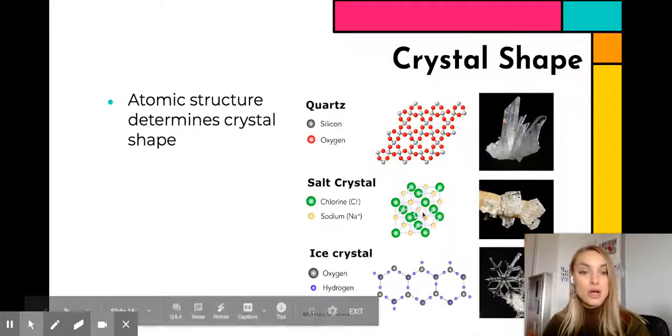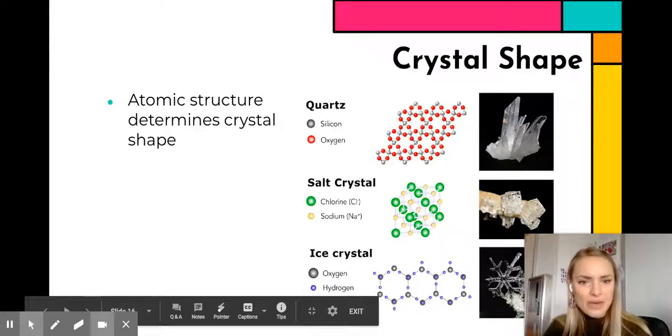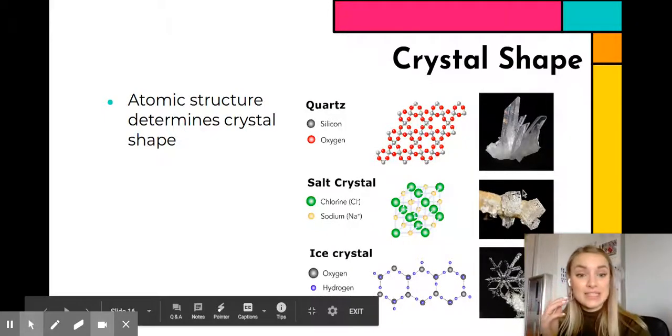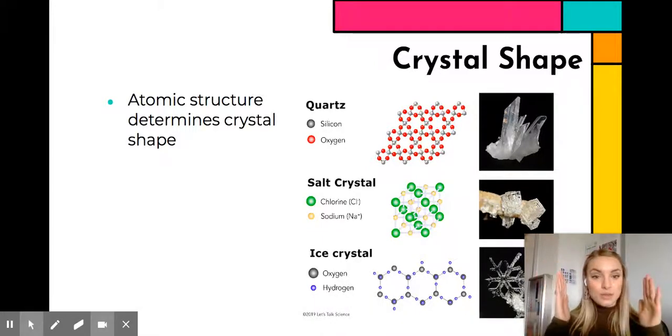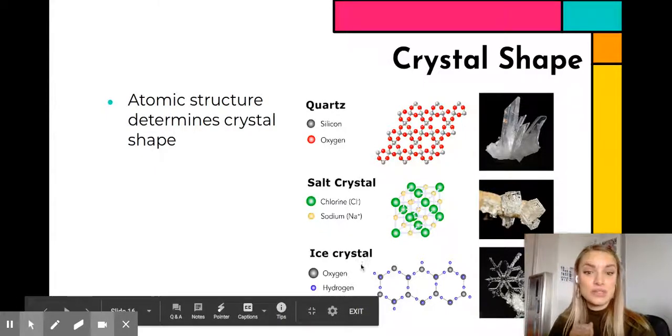If we look at salt, salt arranges itself in a very square, very cubic arrangement. And that translates into how we see salt cubes. We see these very square grains of salt. And then finally, if we look at ice crystals, we've got oxygen and hydrogen that arrange themselves like this.